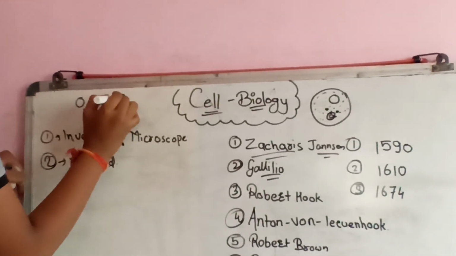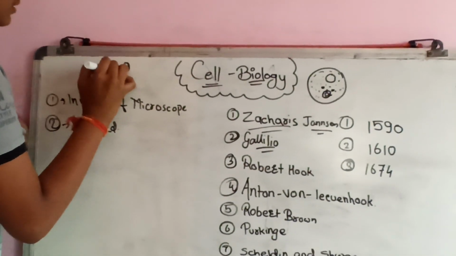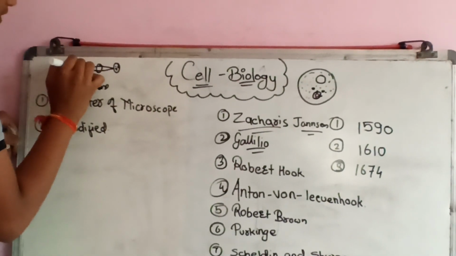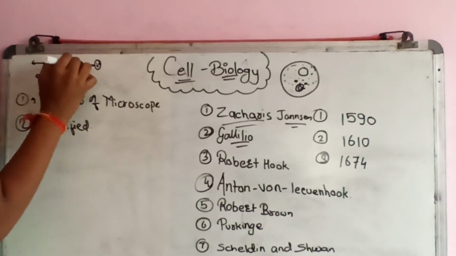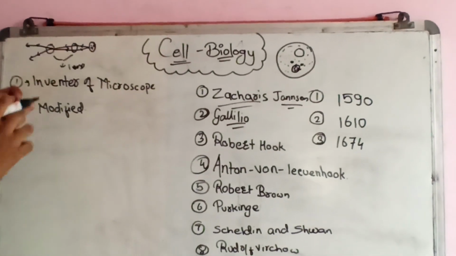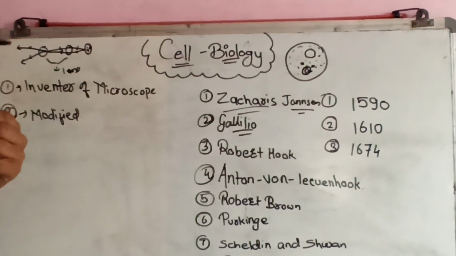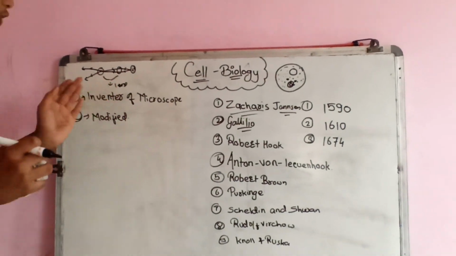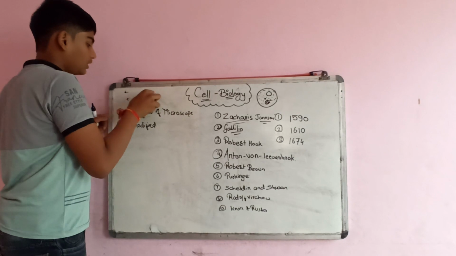Now he would see like this. It would reflect and it would be greater. These light rays were being greater, and these two lenses were kept in hand and were being seen.